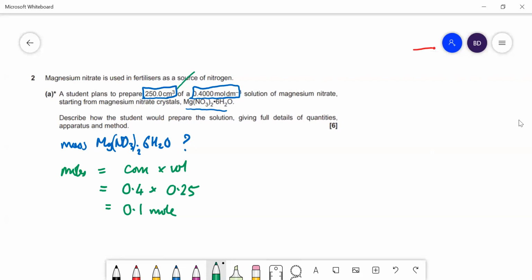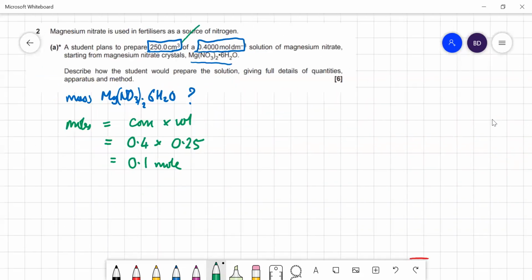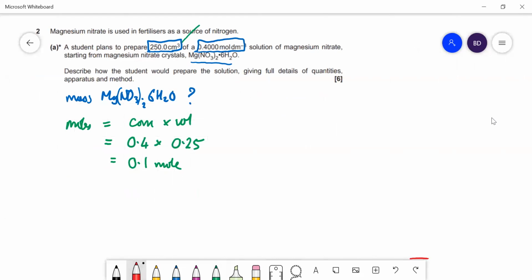Right, now we need to work out the mass of magnesium nitrate. So the mass is going to be moles multiplied by the MR. Now, what's the MR of magnesium nitrate? Well, it's going to be 24 for the magnesium, plus we've got 2 nitrogens in there, so 2 times 14.